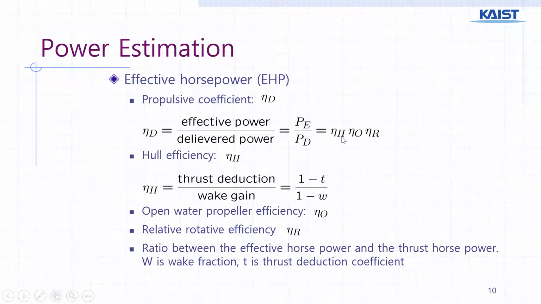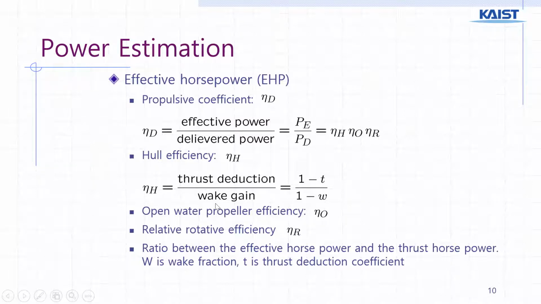We call H the hull efficiency, O the propeller efficiency, and R the relative rotative efficiency. Hull efficiency comes from the wake, and also there is a thrust deduction. The speed of water is different near the propeller. We call this a speed difference, which gives you a thrust deduction.